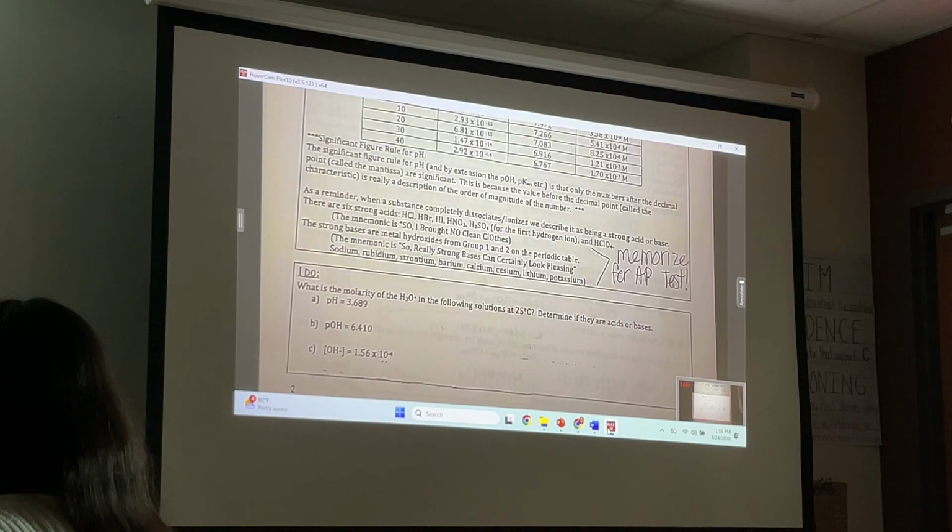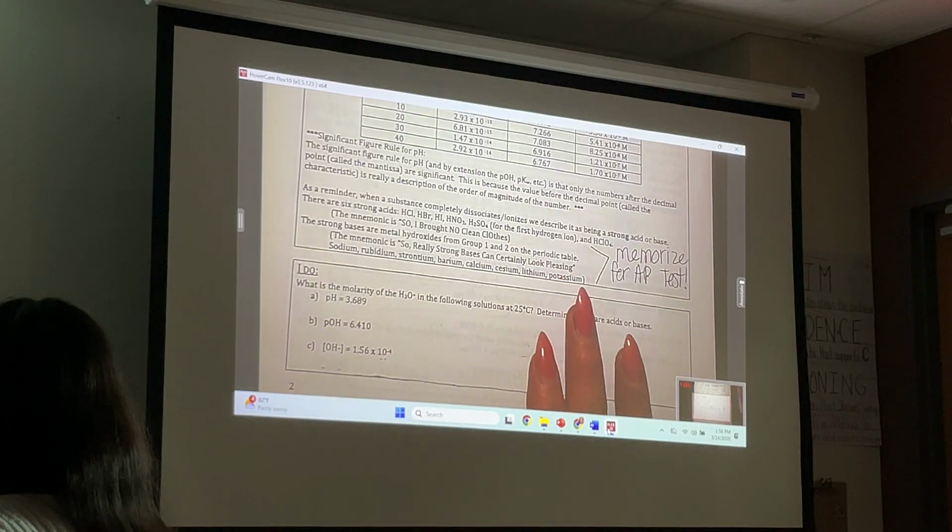It's Unit 3 and Unit 8 that have the most questions. I will always tell you, anytime an acid and a base is included, it's going to have you determine: is it a weak acid, a weak base, or a strong acid, strong base? You're going to have to know our list of them to know that, because it affects a lot of things.